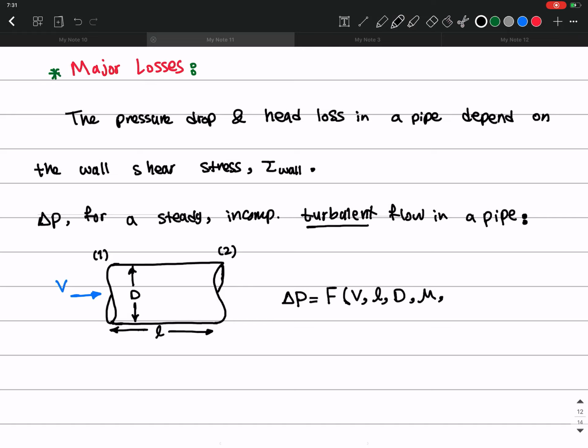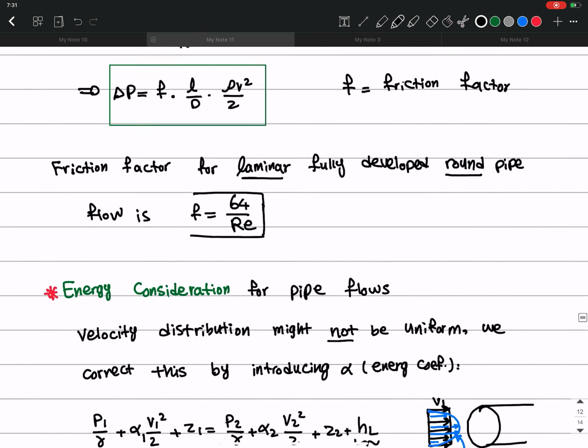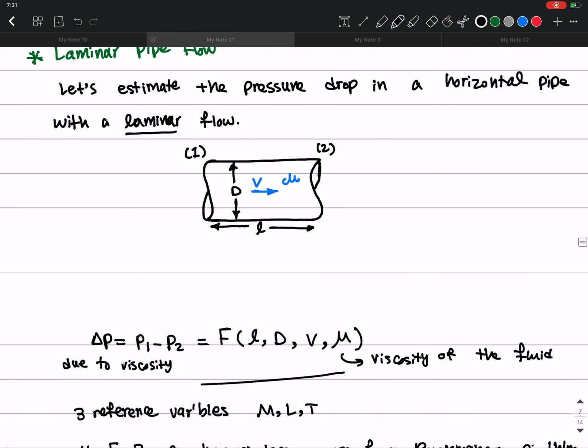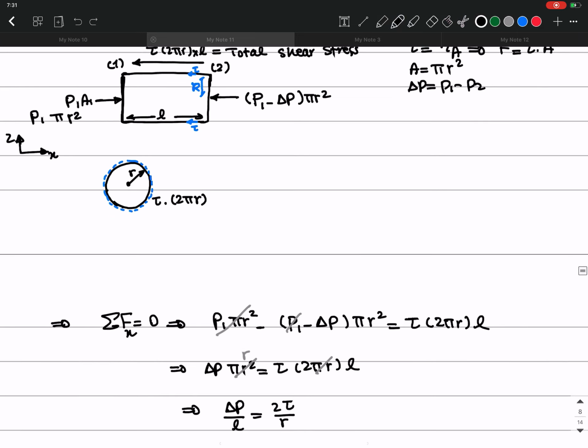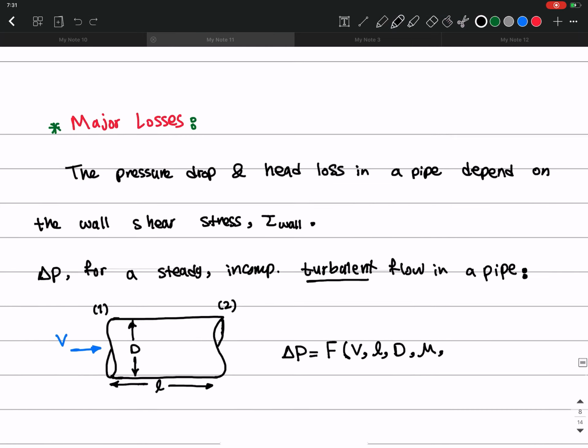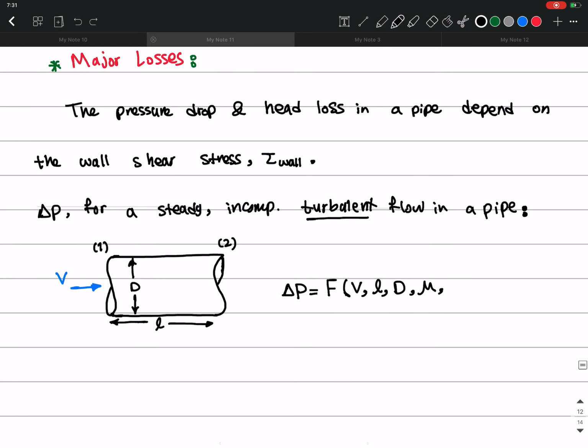So these are the variables that we already had in the laminar flow, right? When we wrote the laminar flow formula, we had the same thing. And now what is distinctive about turbulence, and what else do we need to account for?